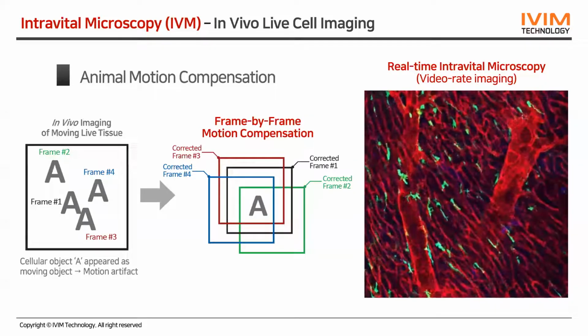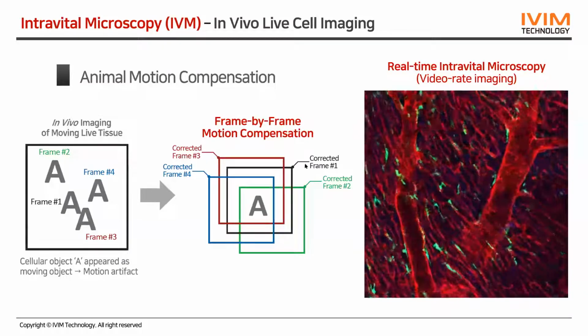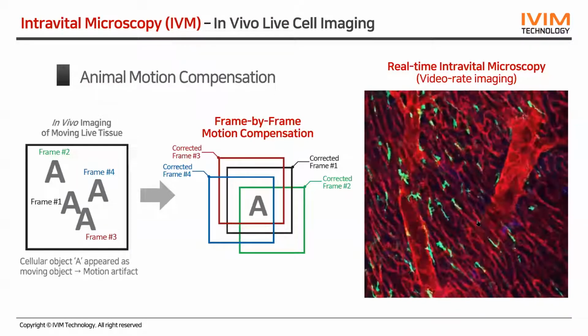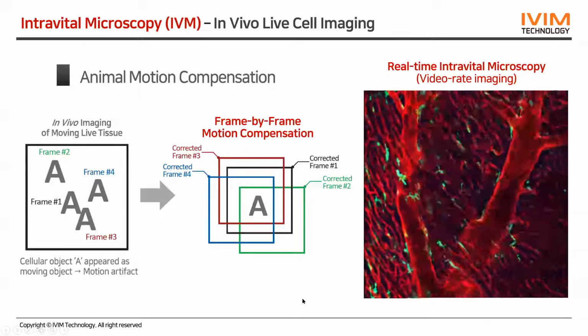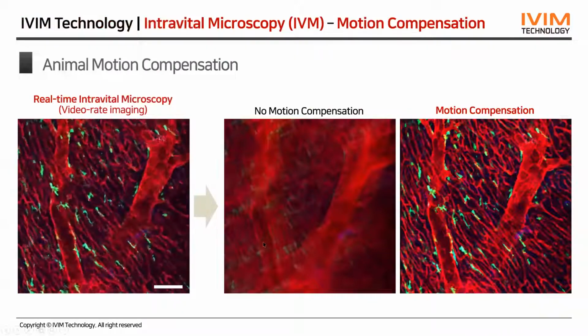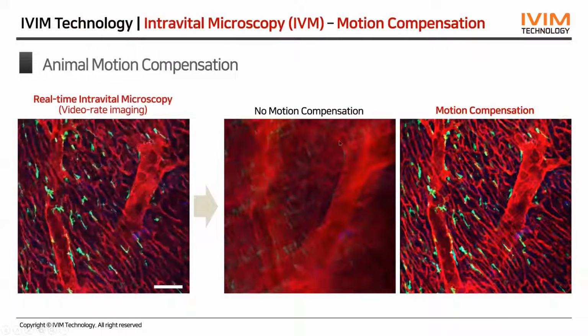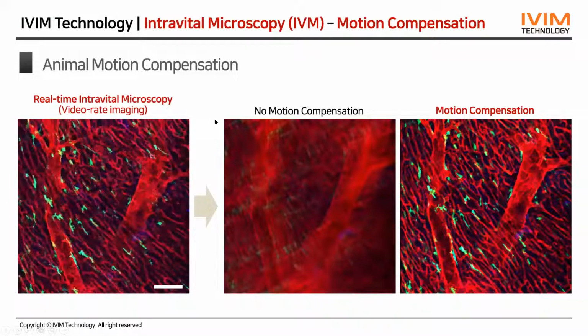All this physiological movement translates into tissue motion at microscopic scale. By compensating for this tissue motion frame by frame, we can stabilize the motion and obtain high resolution, high SNR images. Without this motion compensation, you will end up with very blurred images because of these tissue motions.